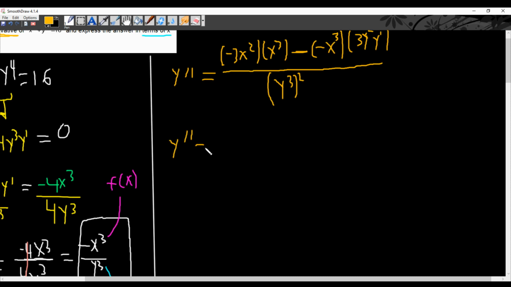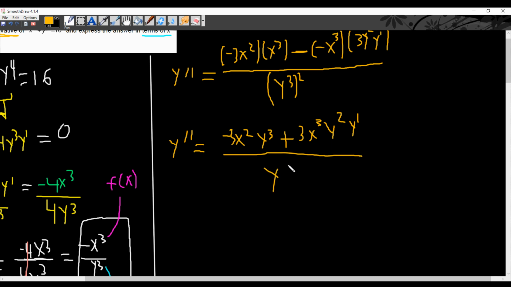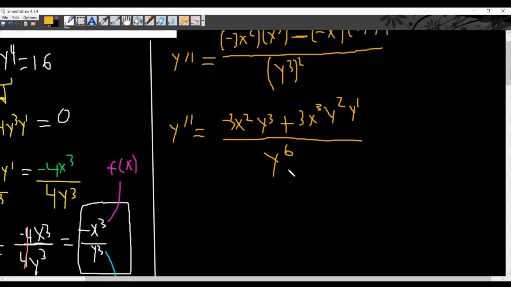So y double prime is then going to be, I'm still going to get negative 3x squared, then I'm going to get y cubed, plus, actually, never mind, let's just add, plus the value for 3x cubed y squared, then y prime divided by y to the 6, because 3 times 2 makes 6.